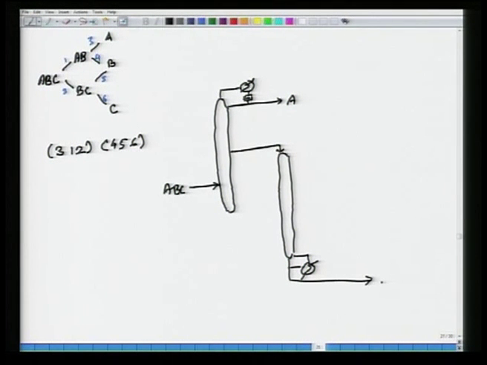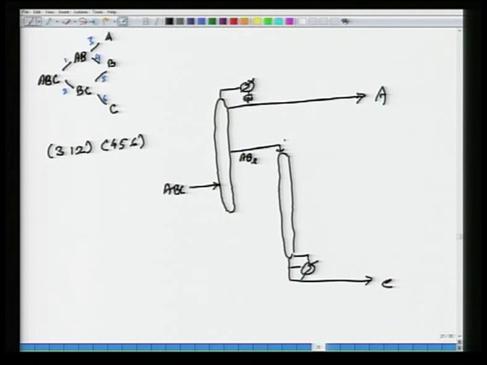From there I get pure C, just so that all the product streams are aligned. This pure A. What I am taking out here is AB liquid. So maybe since it's liquid, I should write it down here, AB liquid.